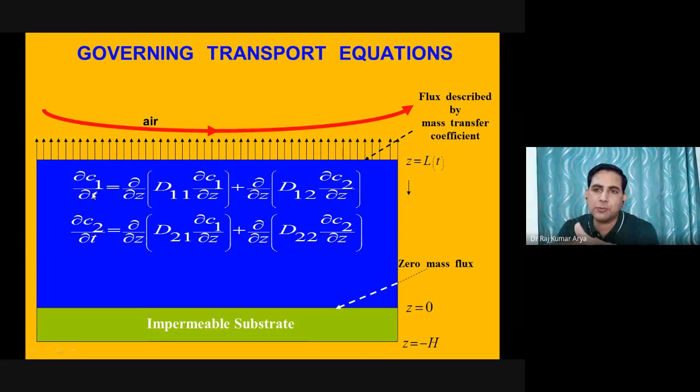So you have to think of a solution technique. How can I solve these coupled partial differential equations to get my model predictions? Because in order to optimize anything mathematically, you first have to think of a solution technique. So we have to think how to solve these PDEs.